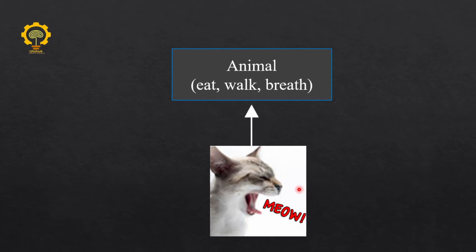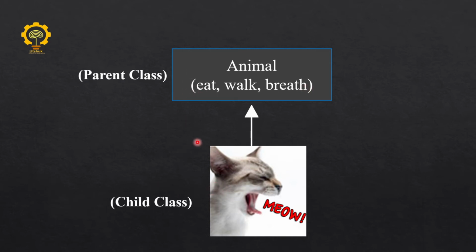So this is the concept behind single inheritance: there will be one parent class and one child class, and the child class inherits the properties of the parent class.